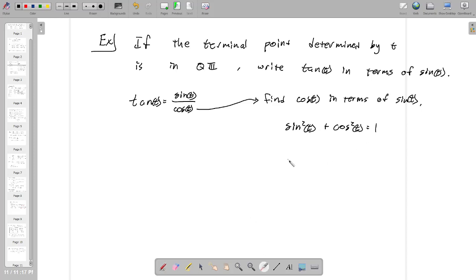Now when we're trying to solve cosine in terms of sine, we're trying to get cosine alone on one side to be equal to something with sines in it. So we'll have cosine squared t is equal to 1 minus sine squared. Take the square root and we get cosine t is equal to plus or minus the square root 1 minus sine squared t.